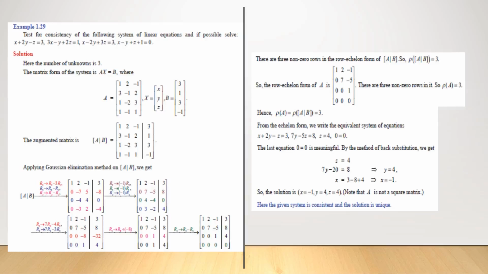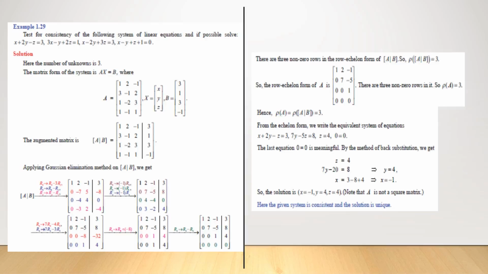That is the A matrix together with the B matrix, applying the Gauss elimination method. Gauss elimination method is nothing but bringing the matrix to triangular form, that is row echelon form, by using row operations. In this augmented matrix [A, B], the first row first element should be a non-zero element.